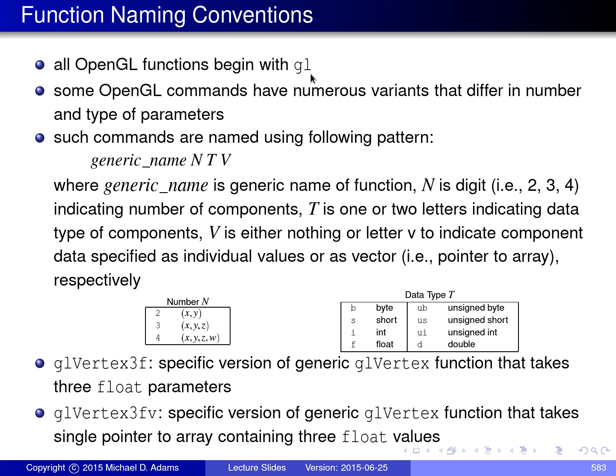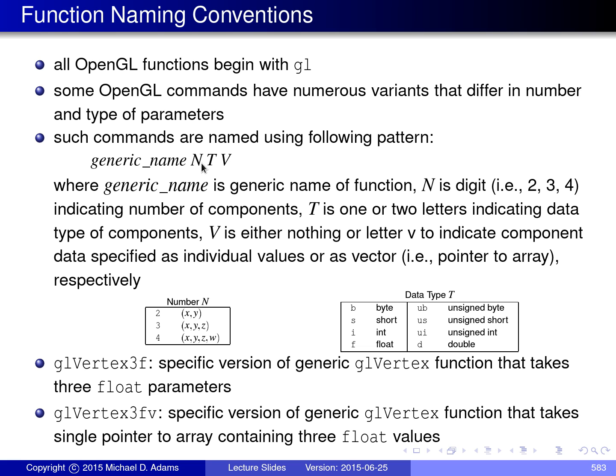So for a single command in OpenGL, there's a lot of different variations on how you might invoke that command. In other words, there's a number of different ways you might specify the parameters and the types of parameters. Again, because we don't have function overloading, we have to give each one of these variants a different name. So OpenGL follows this naming convention for a lot of its functions, where the first part of the function name is some generic name, maybe vertex, for example, to say that this command is specifying the position of a vertex.